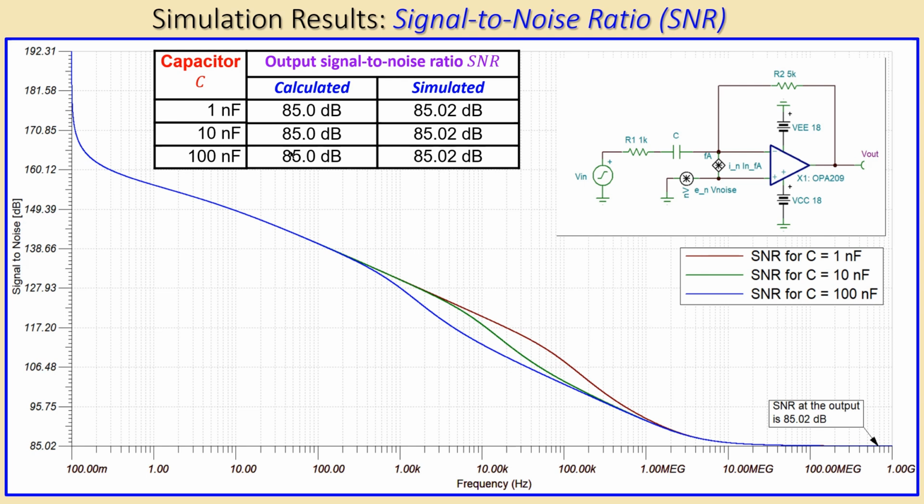So we have now seen several parameters for this circuit. We have calculated them step by step and also seen them in the simulation results, and there's a really nice result that the capacitor in this case is not dominating the output noise. It is dominated by the op-amp and the noise gain due to R1 and R2 of this circuit.